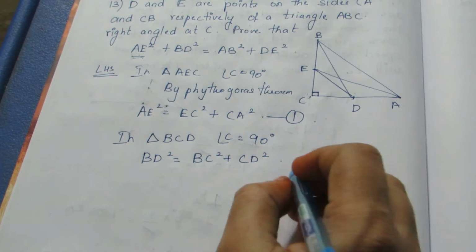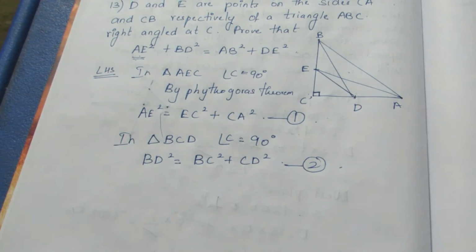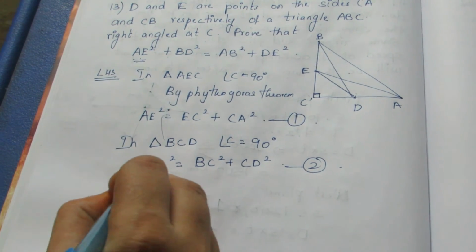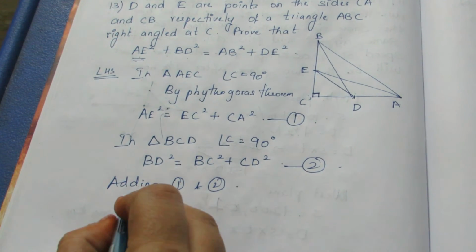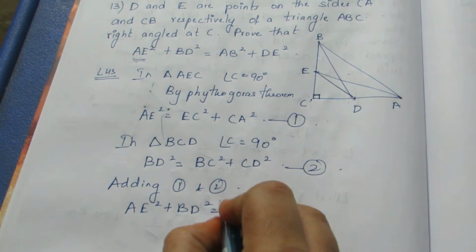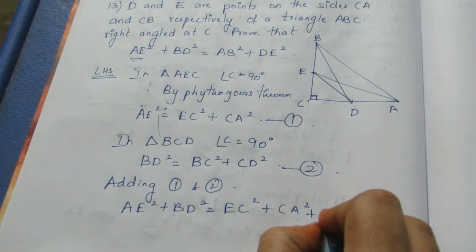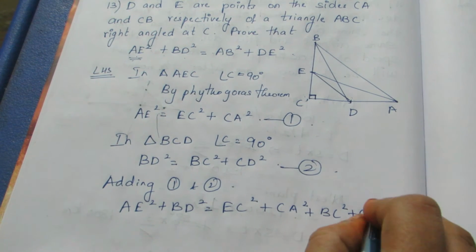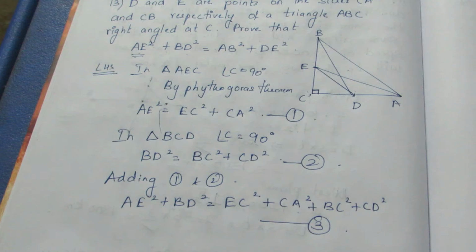Let me call this 2. So we have found the LHS two points. Let me add these to get AE square plus BD square, so adding 1 and 2, I get AE square plus BD square is equal to EC square plus CA square plus BC square plus CD square. Let me take this to be equation 3.